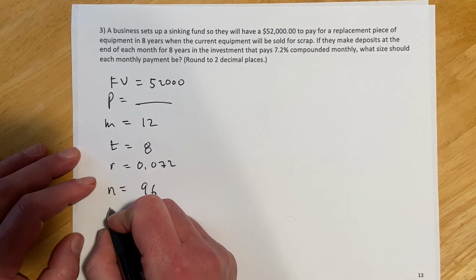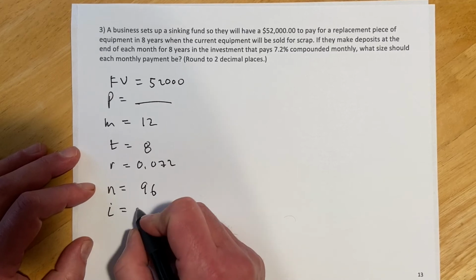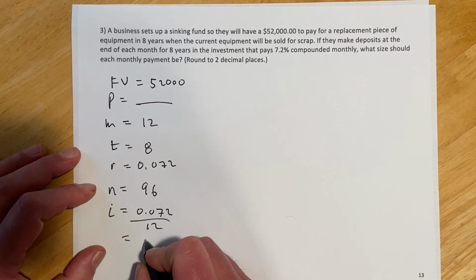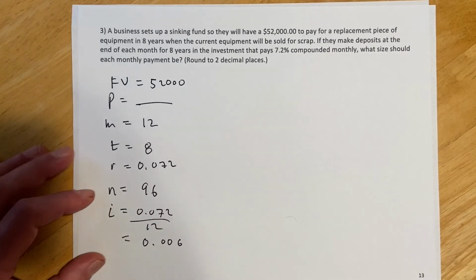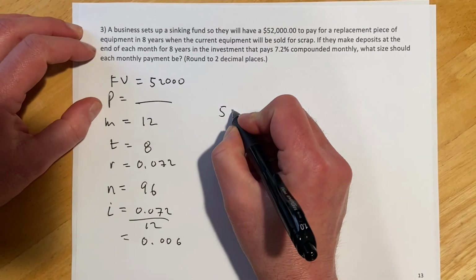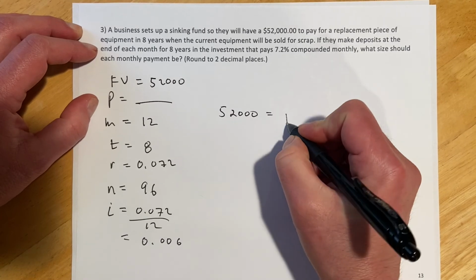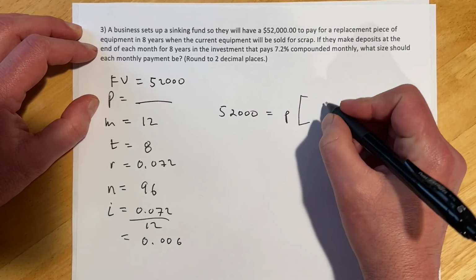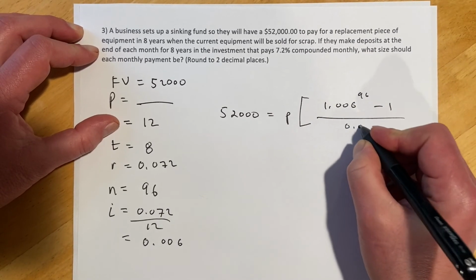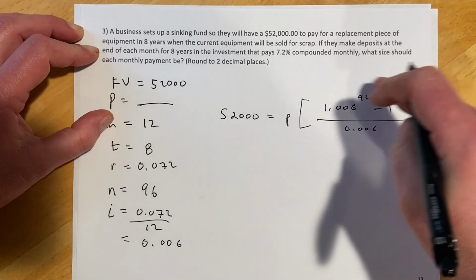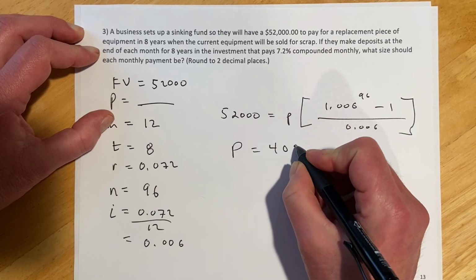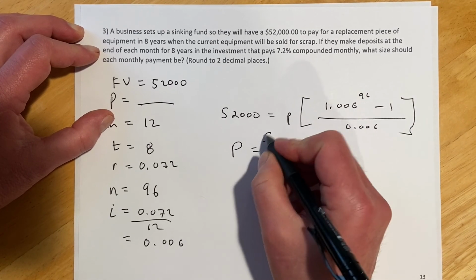And then our interest per compounding period will be 0.072 divided by 12, and that comes out to 0.006. And then back to that same formula, so we get 52,000 out, and we're looking for the payments we would have to make, and then 1.006 to the 96 minus 1 over the interest. And again, we just turn this into a number and divide it into 52,000, and it looks like they need to put in $402.14 each month.